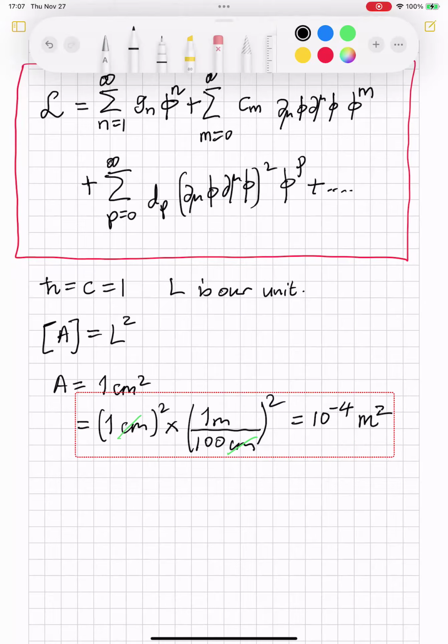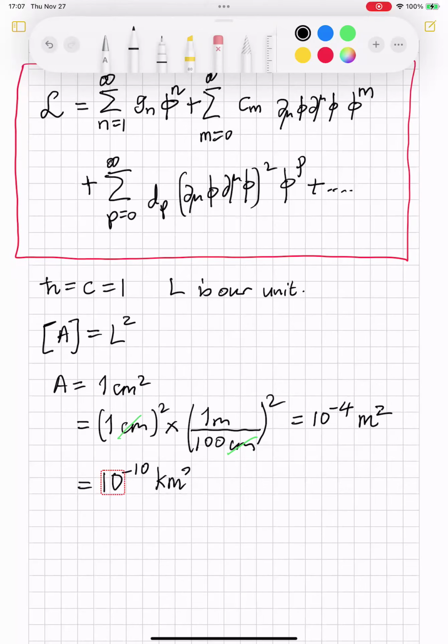So what you can see is this got smaller. And so I want you to check this. Let's say that we flow to even larger lengths. Let's say that we now flowed to kilometers as our unit. Please check this, maybe I made a mistake here, but I get that this should be 10 to the minus 10 kilometers squared.